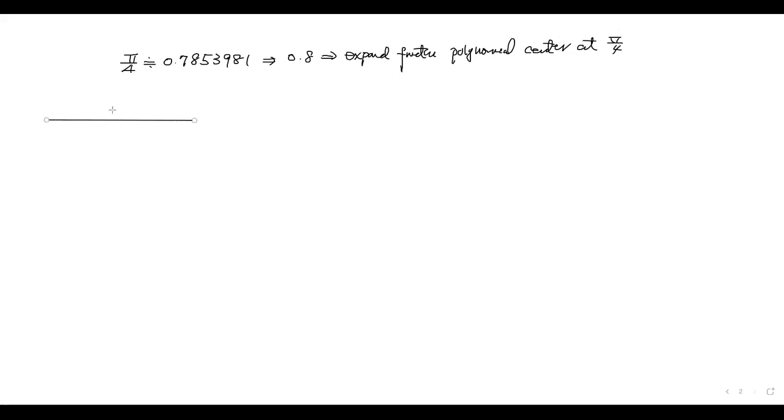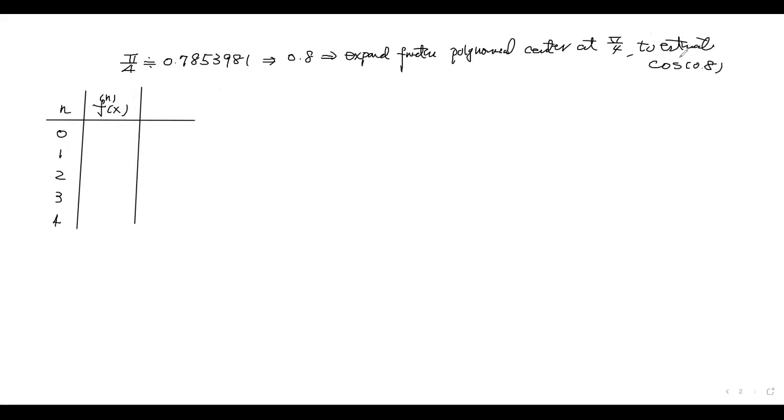Now let's take a look at what the function will be if I center at a different place. This is 0, 1, 2, 3, 4: this is my function and these are the derivatives. We still want to estimate cosine 0.8.